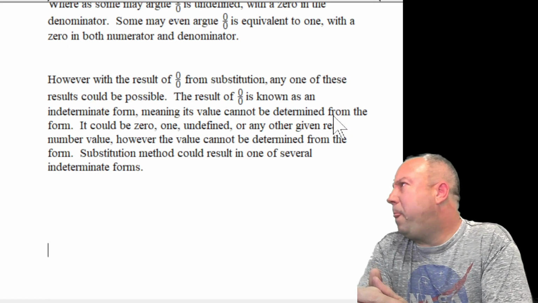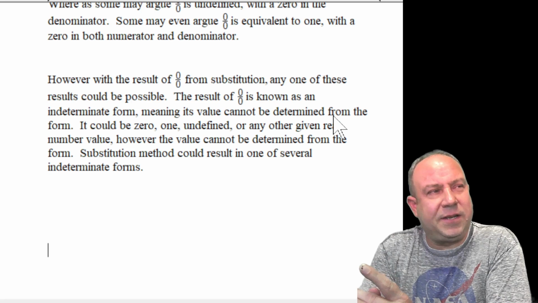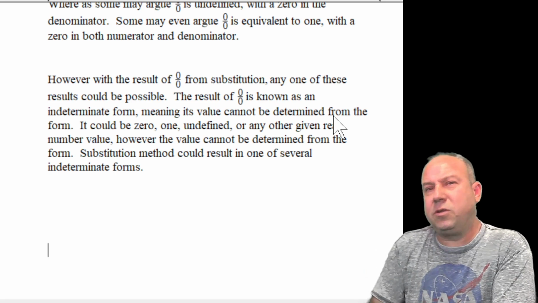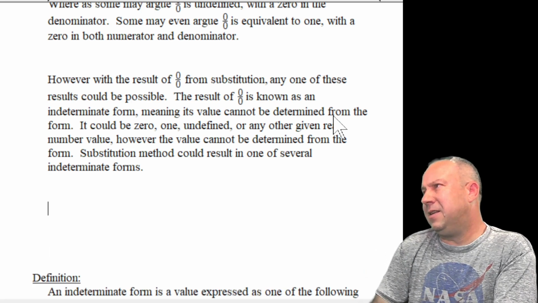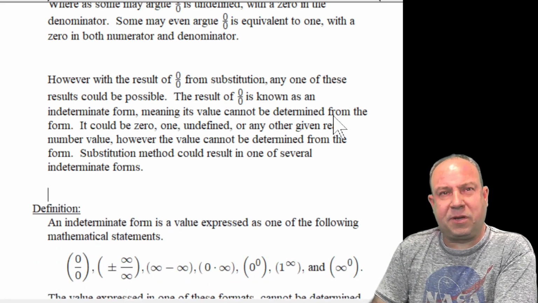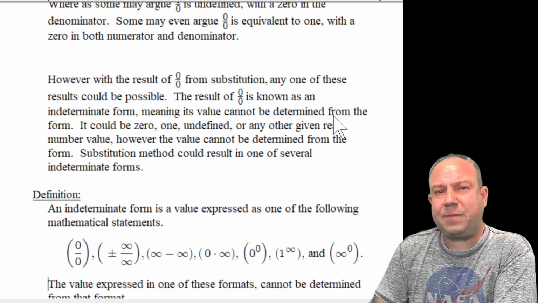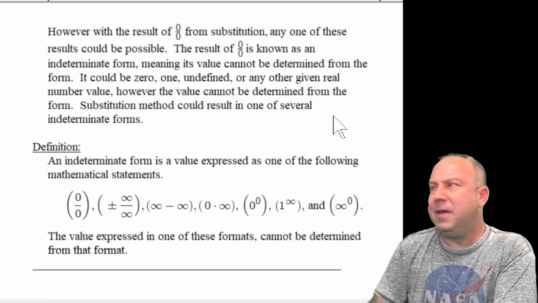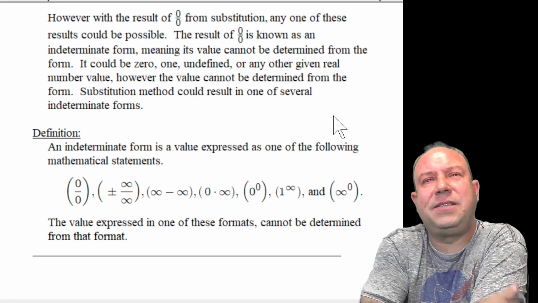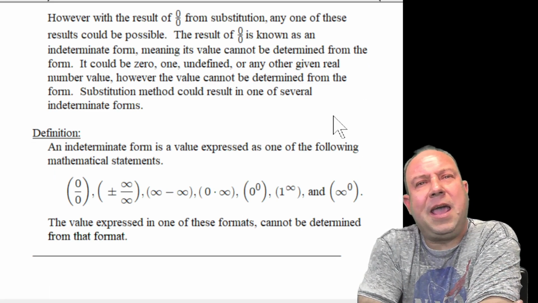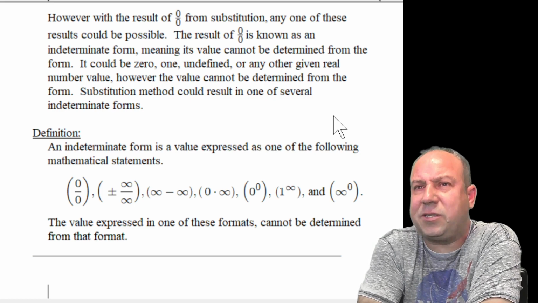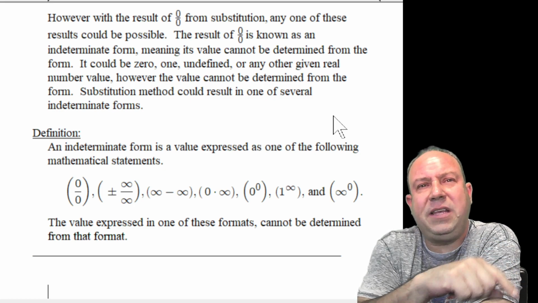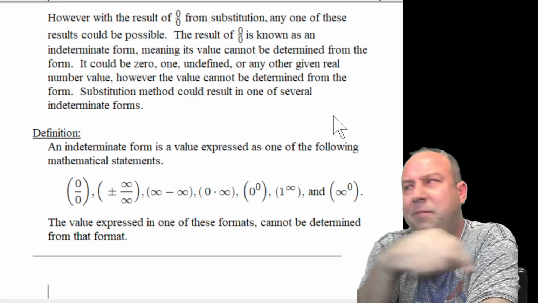And then I get a bit more specific, and I point out there is more than one indeterminate form. 0 over 0 is just one case of an indeterminate form. There are others. And that's what this definition highlights, right? An indeterminate form is a value expressed as one of the following mathematical statements here.